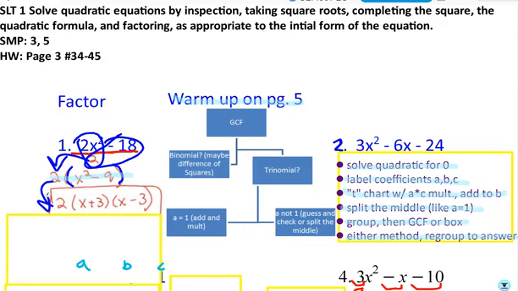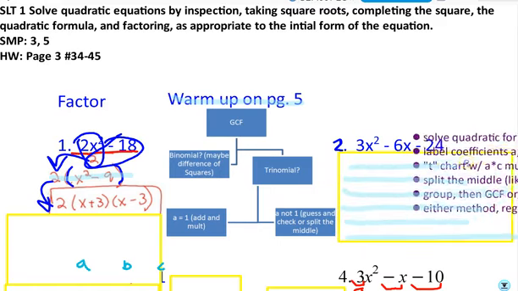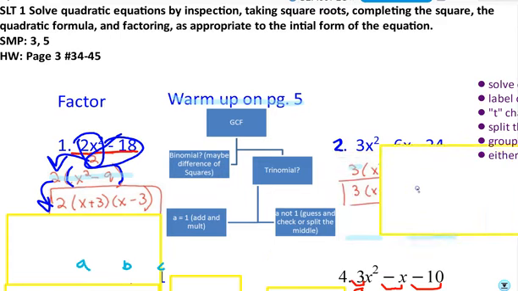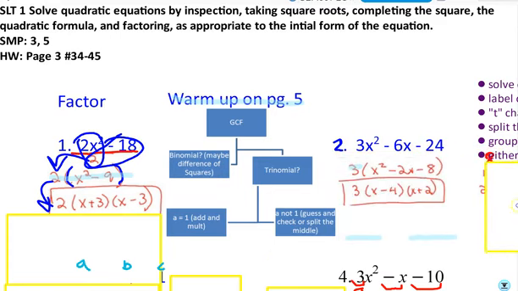For number 2, this is a trinomial, meaning it has 3 terms, but this one also has a greatest common factor of 3. So I'm just going to move this out of the way, and I'm going to erase this. Hopefully I haven't erased the answer. Good, I did not.